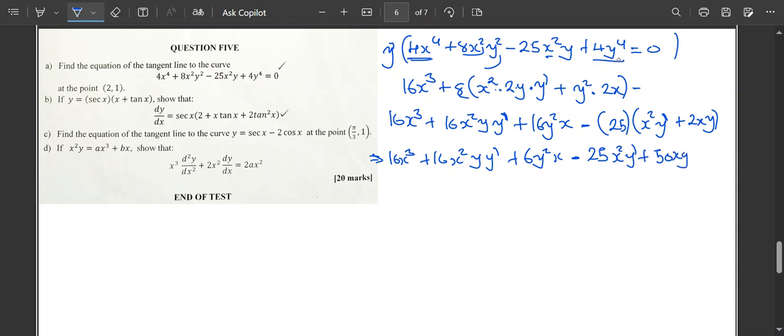Then differentiating this one and leaving this one, that will be plus 16. It is y, so you always attach dy whenever you are differentiating that. So it will be 16.